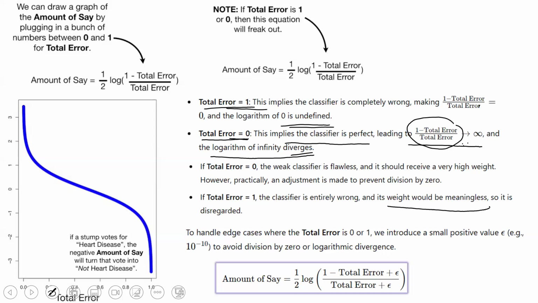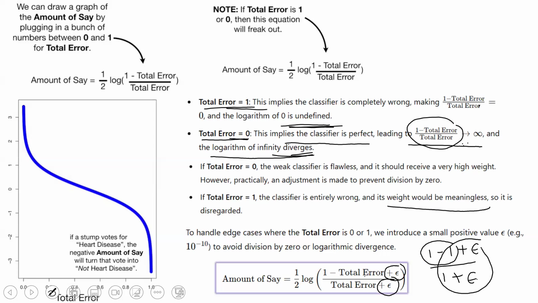To avoid running into these undefined or divergence cases when total error reaches 0 or 1, you're adding a small positive value to the total error. So this will eliminate us going to infinity or 0. Now if you substitute 1 here, 1 minus 1 plus sigma by 1 plus sigma, which is a very small value. So this is not letting us go to 0 value, right? We are getting logarithm of something.